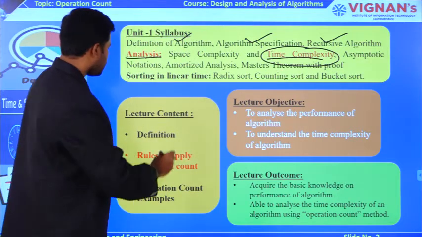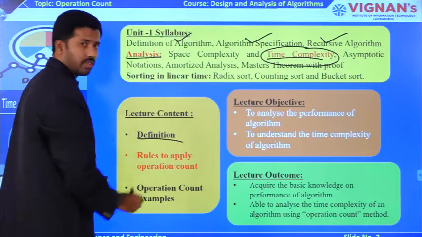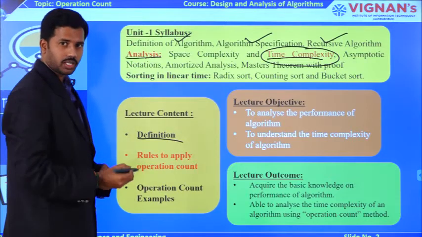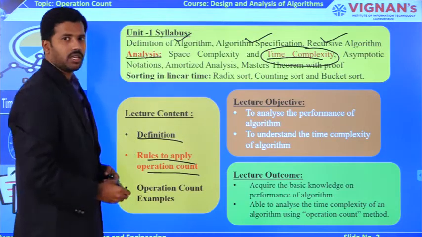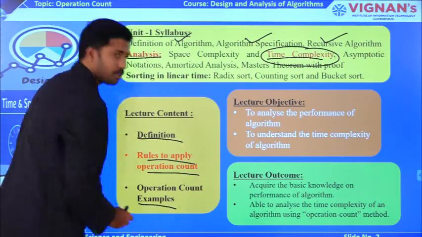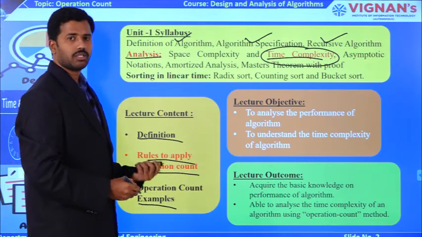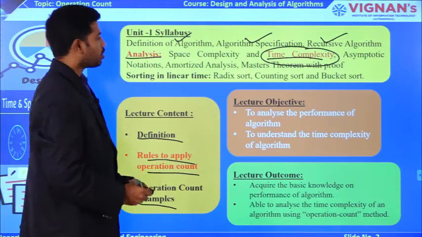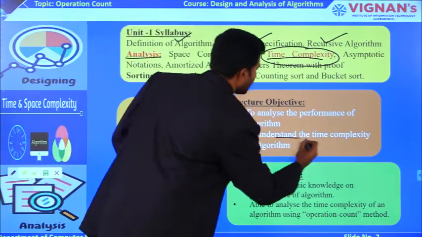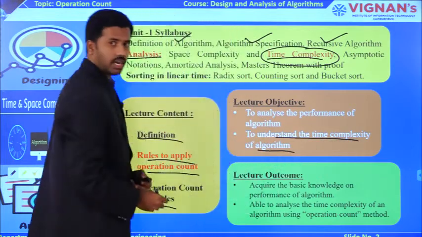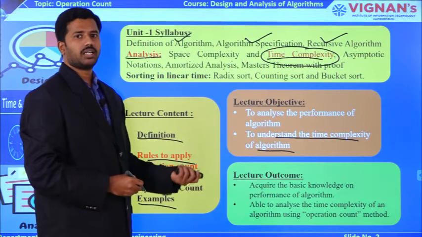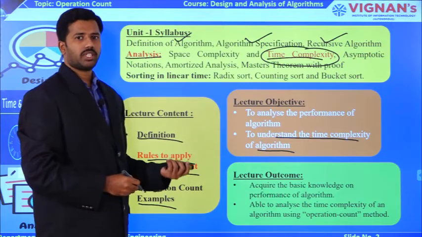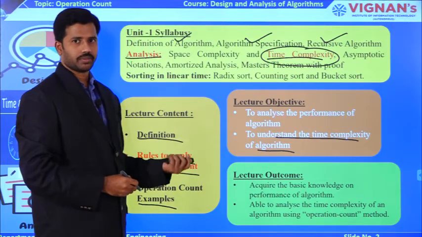In this lecture we will discuss the definition of the operation count method, how it works, and the rules required to apply it, as well as some examples so that you get clarity on how this method works. The main objective is that you get an idea of how to obtain the time complexity of an algorithm, and the main outcome is that you will analyze the time complexity of an algorithm with the help of the operation count method.